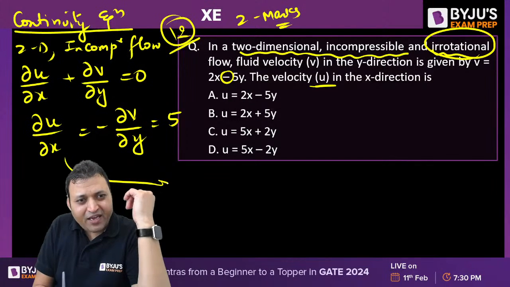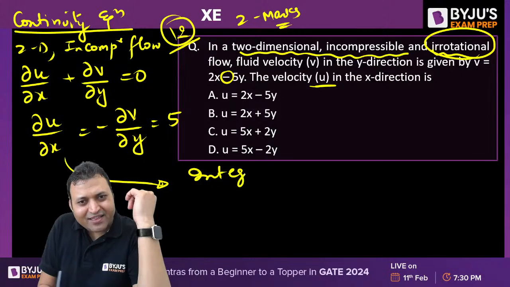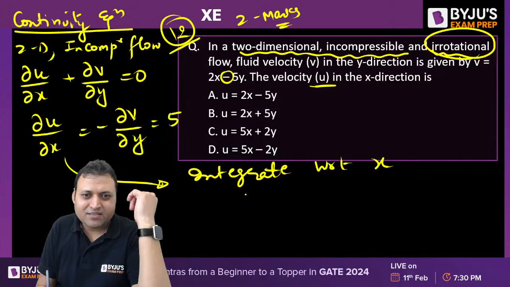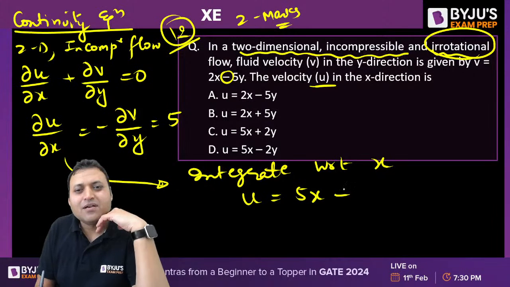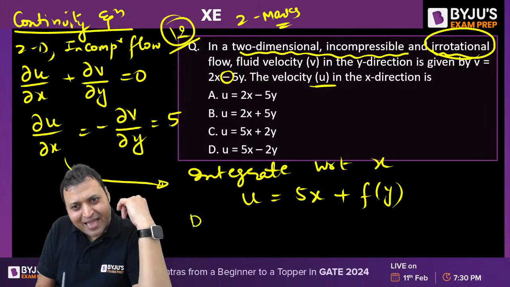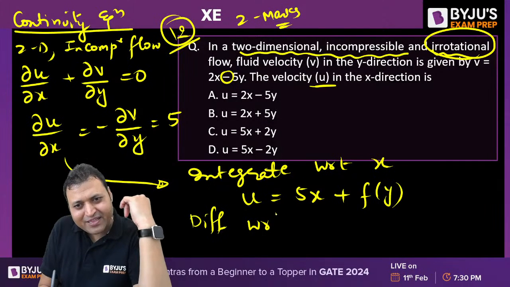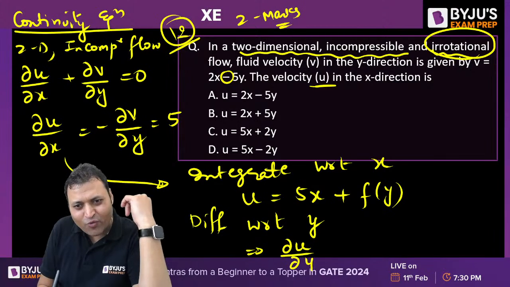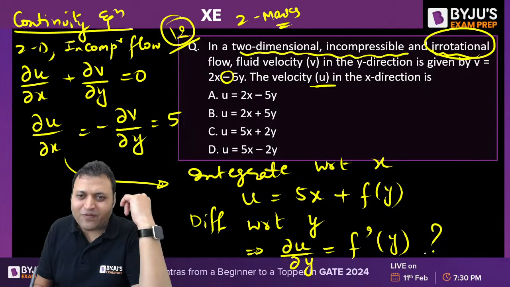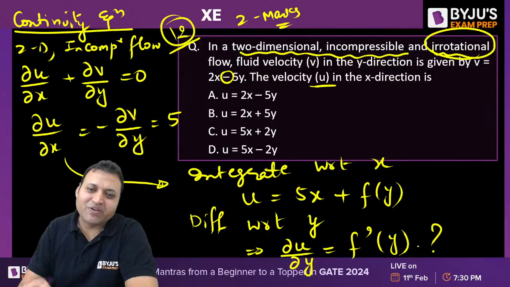So if we integrate this with respect to x, then u is equal to 5x plus a constant, which can be a function of y. Then if we differentiate with respect to y, we can say del u by del y is equal to f dash y, isn't it? So how to find out del u by del y, which is f dash y?